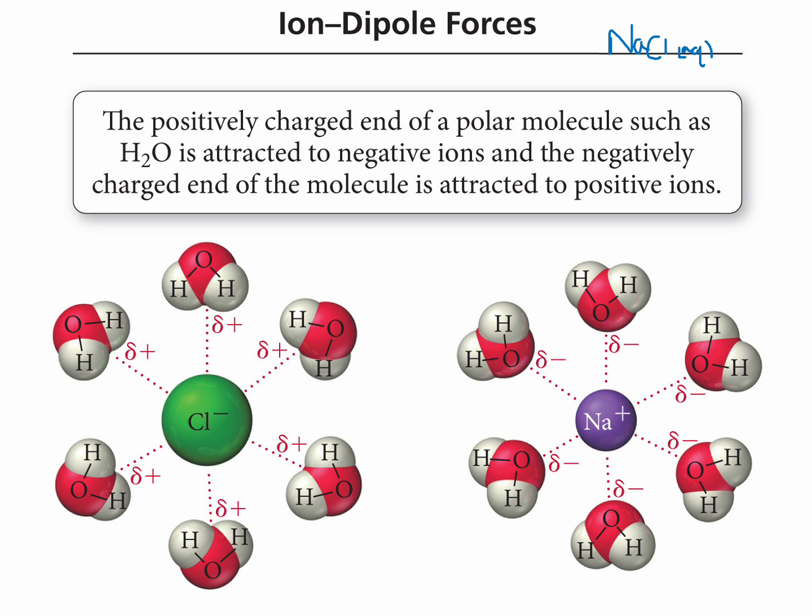So that attraction causes the ions to separate, and the water molecules will surround them with the positive ends attracted to the negative ion and the negative ends attracted to the positive ion. So anytime you have something that is ionic in aqueous form, it's going to be one of these ion dipole forces.